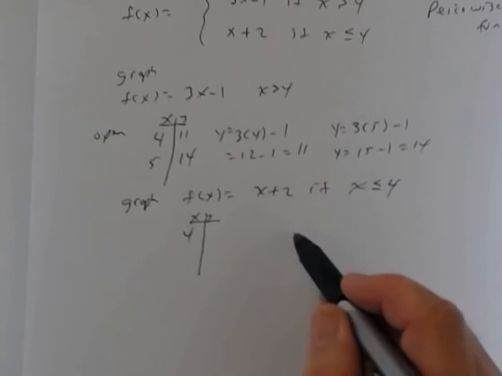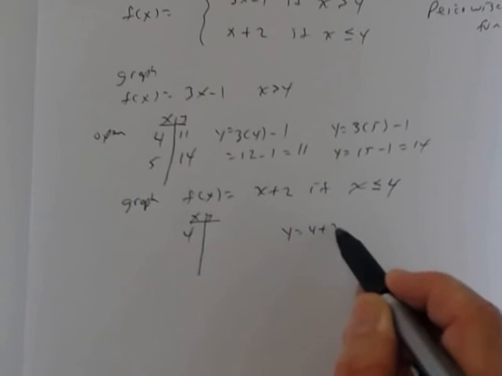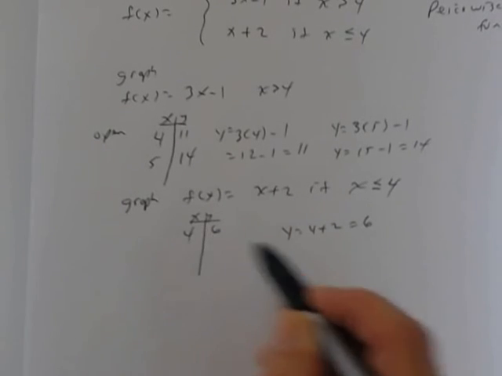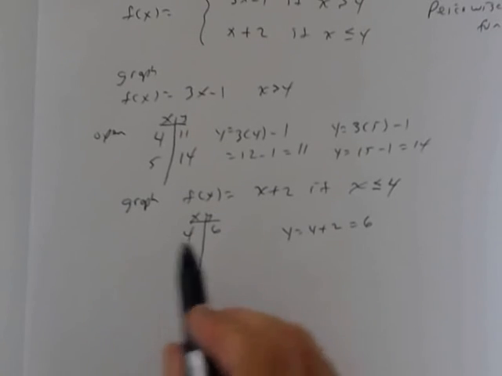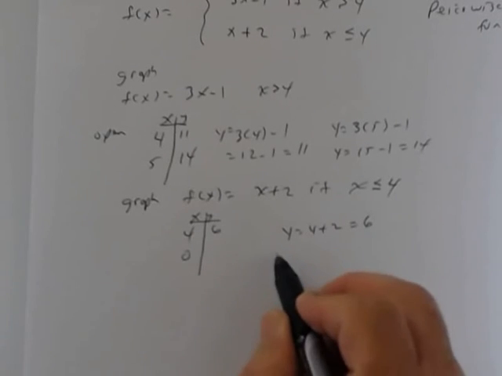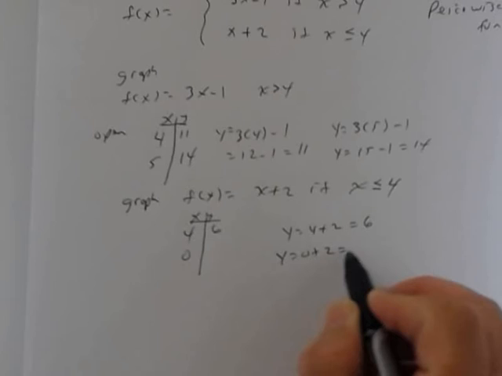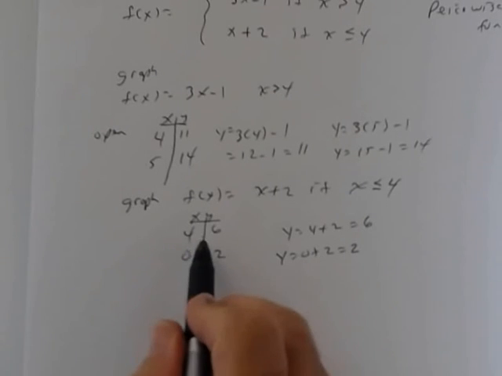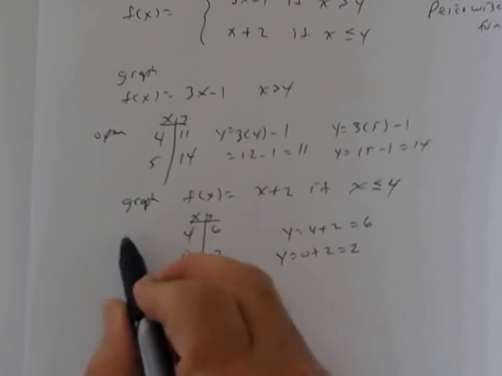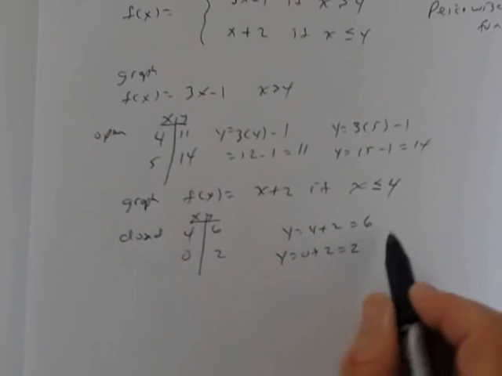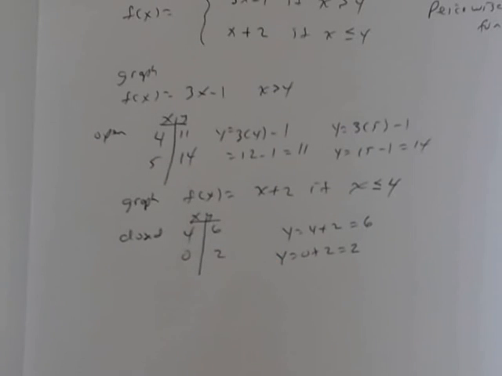So when x is 4, I get y equals 4 plus 2, which is 6. Give me another number that's less than this. 0. Okay, when x is 0, I get y equals 0 plus 2, which is 2. Now at 4, 6, is that going to be an open or closed circle? It will be closed because of the equal sign. And then you just graph it and you're done. Just make sure that they're rays that you're drawing and not lines.